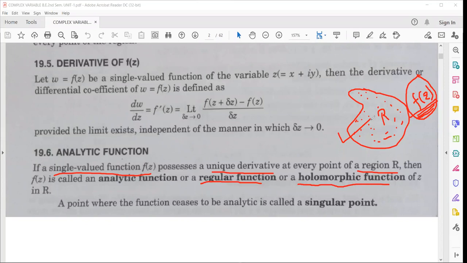If you got one point, or multiple points, in the region R where the derivative of the function f z does not exist, then you can't say that this f z is analytic over the region R. So for the analytic condition, the derivative of this f z must be continuous at each and every point of this region R. If that condition is valid, then you can say that this f z is your analytic function, or regular function, or holomorphic function.